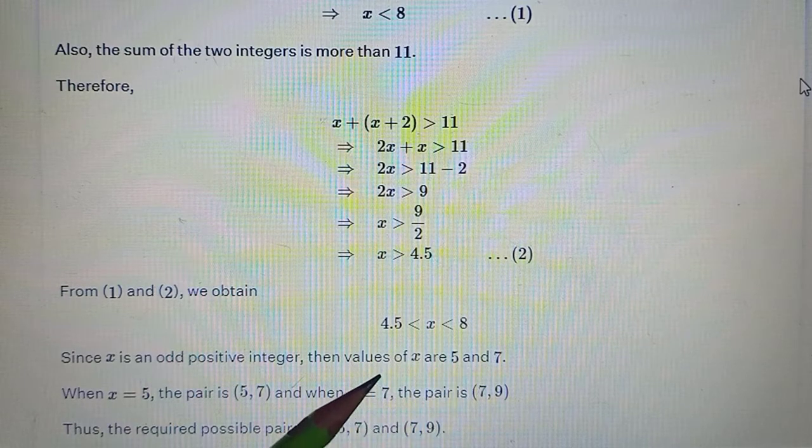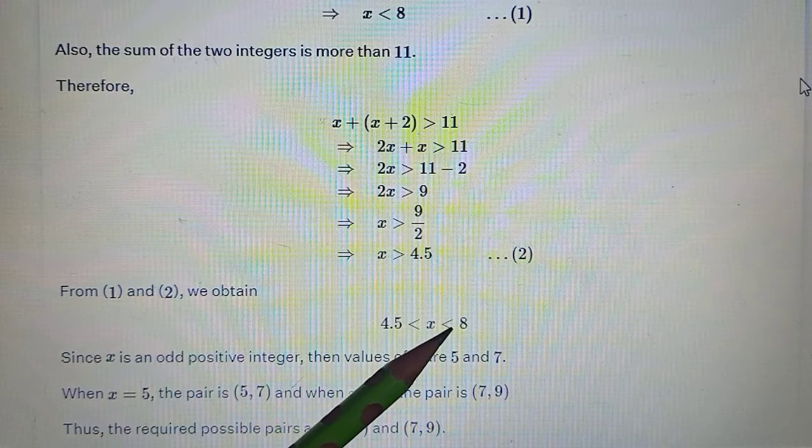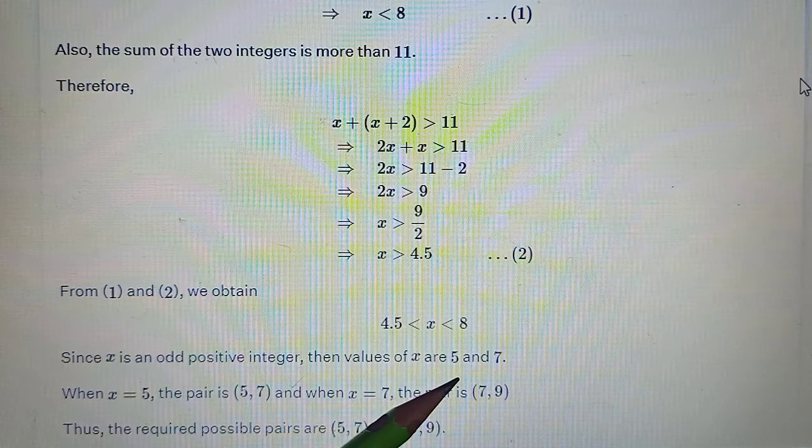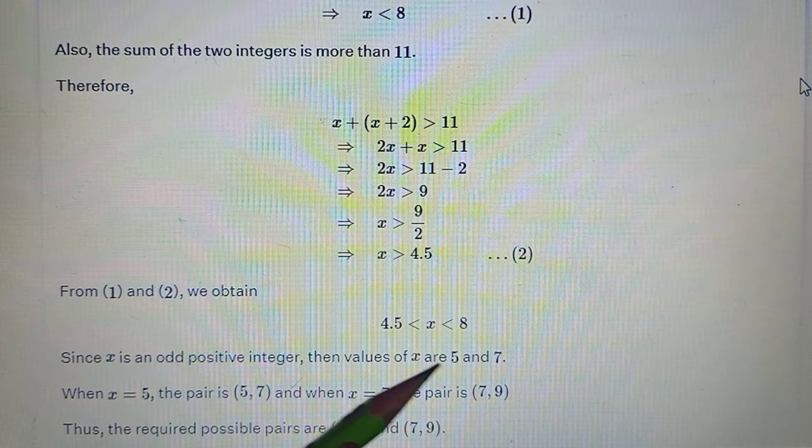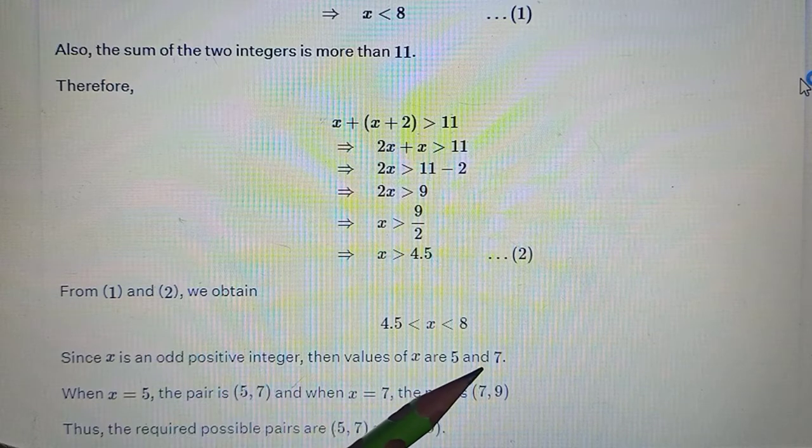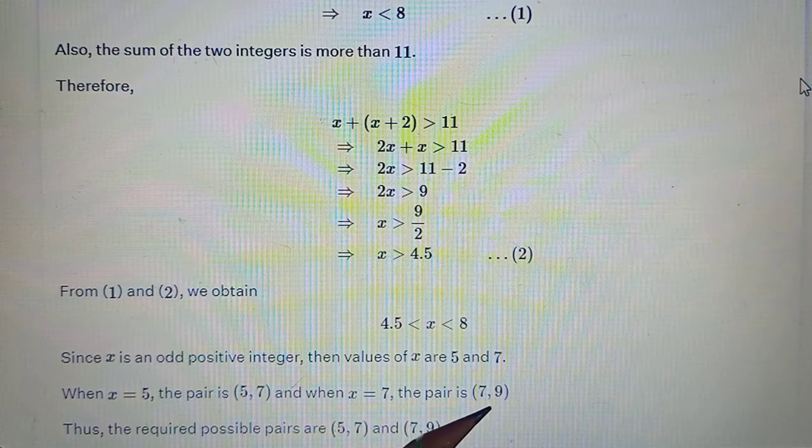These are the odd numbers which satisfy x being more than 4.5 and less than 8. Okay, so then they had asked you for the pair. So with 5 the other consecutive would be 7, and with 7 the other one would be 7 plus 2, 9. So these are the two pairs which satisfy the condition mentioned here.